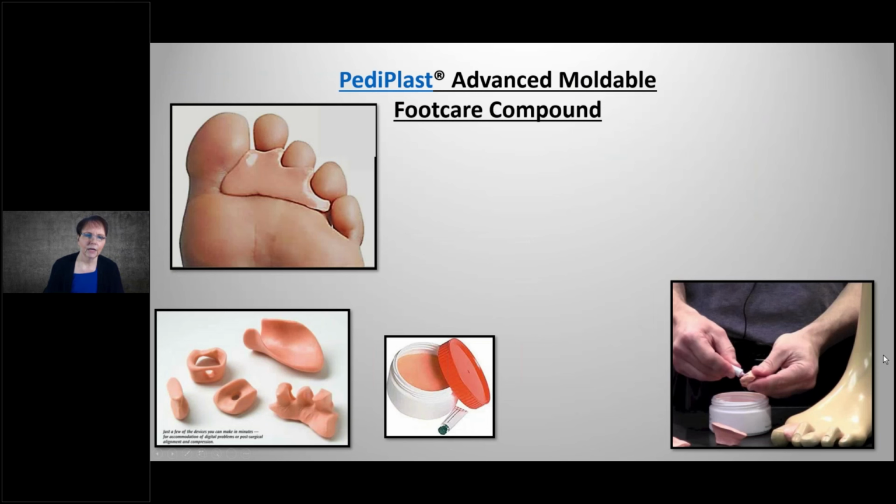All right. Pediplast has also been around for a long time. I've used it. It's Play-Doh, if you're old enough to know what Play-Doh was. It's great. It comes in a jar with an activator, and you take out the amount you think you might need, like the size of a tablespoon.